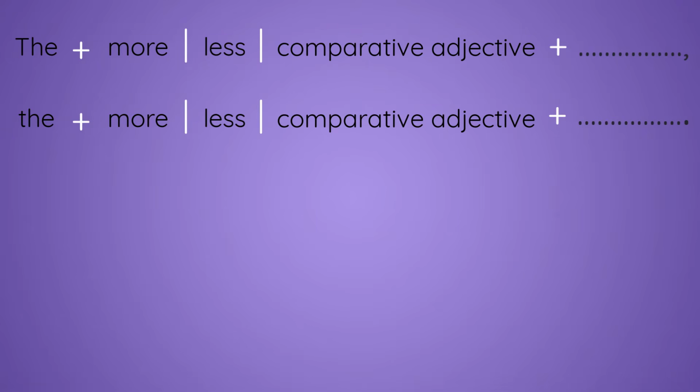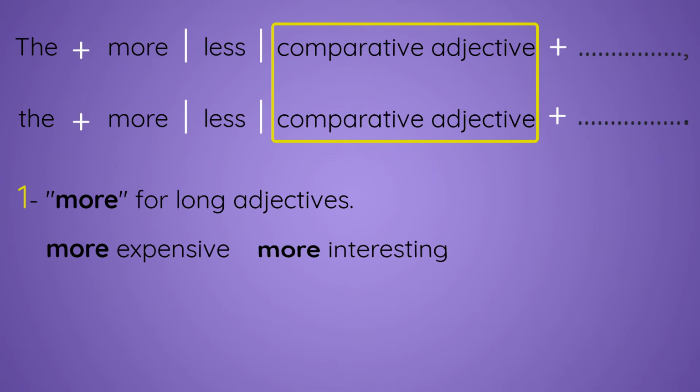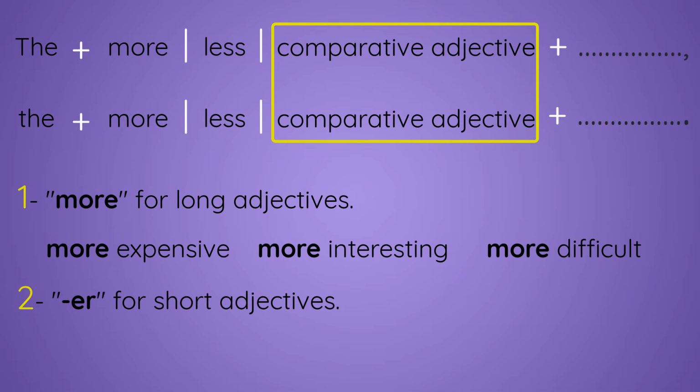You already know that there are three different cases to make a comparative adjective. More for long adjectives. For example, more expensive, more interesting, more difficult. ER for short adjectives like cheaper, older, or taller.